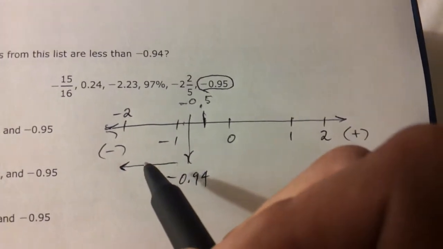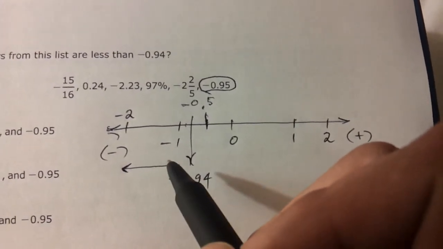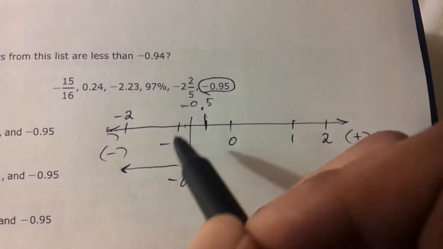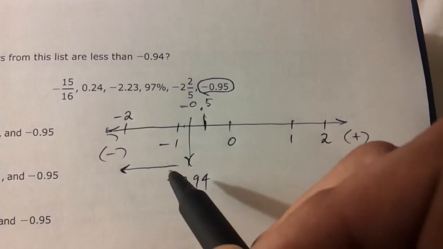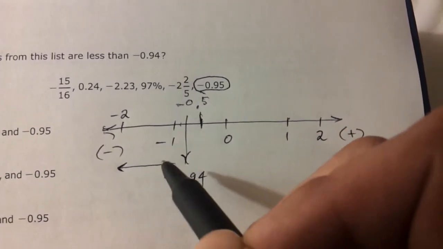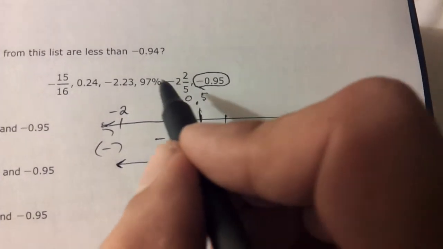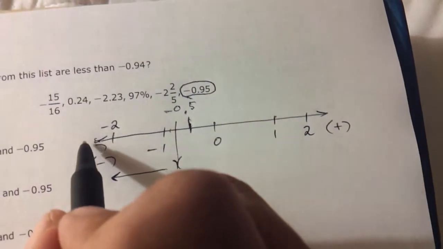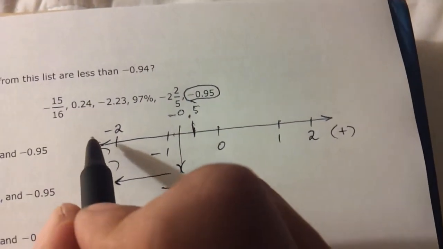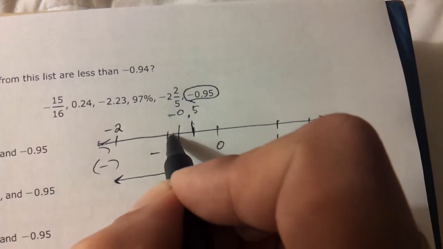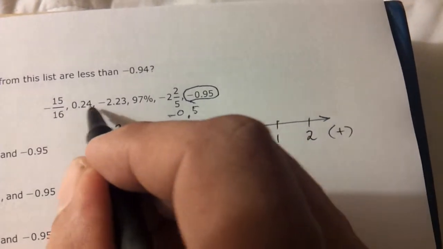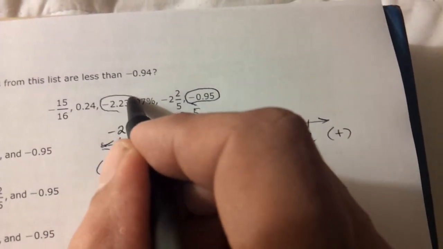If you are negative 94 cents, that's better than being negative 95 cents, because negative is maybe what you owe. Negative 2.23 is going to be over here somewhere, so that's definitely to the left of it, just like negative 0.95 was. So that's definitely going to be there.